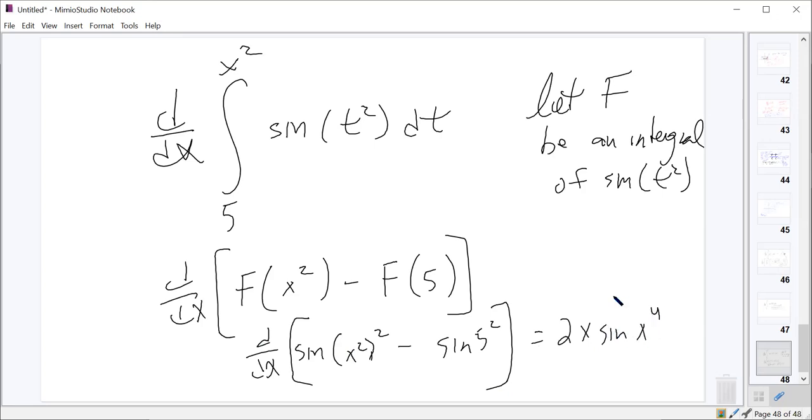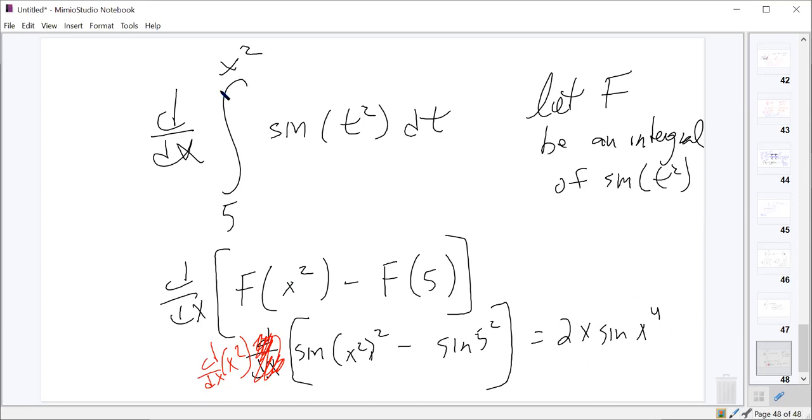I should have the derivative of x squared outside of there, because that's the chain rule. It says when we take the derivative of capital F of x squared, we get the derivative of capital F at x squared times the derivative of x squared. So 2x times sine of x to the 4th.